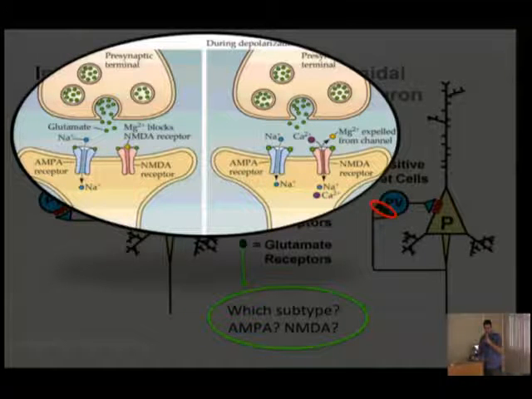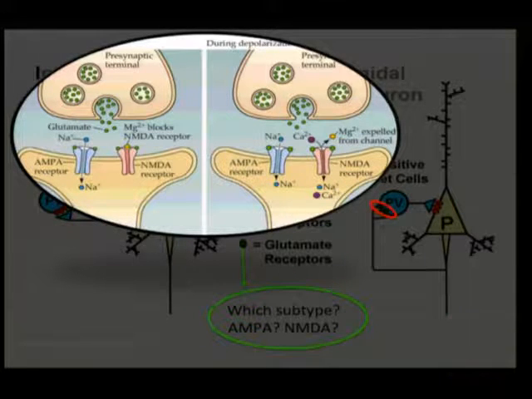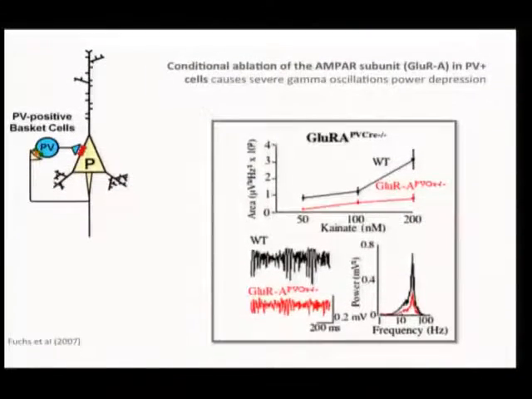And then it's going to be NMDA receptors. So maybe for gamma oscillation production, AMPA receptors are more important in PV neurons than NMDA receptors. So this is the evidence they showed with GluR knockout animals, specifically in PV neurons.